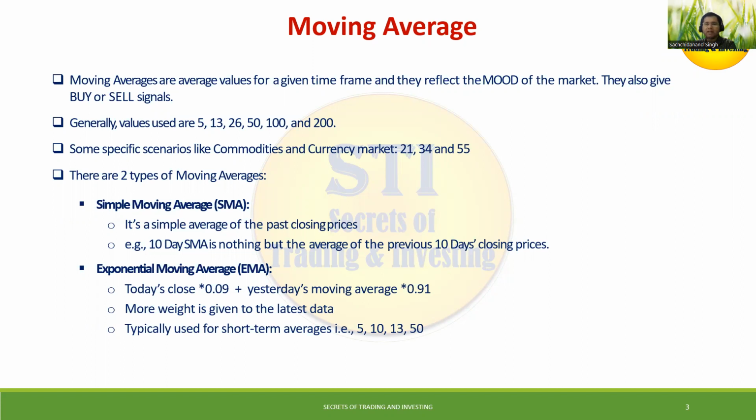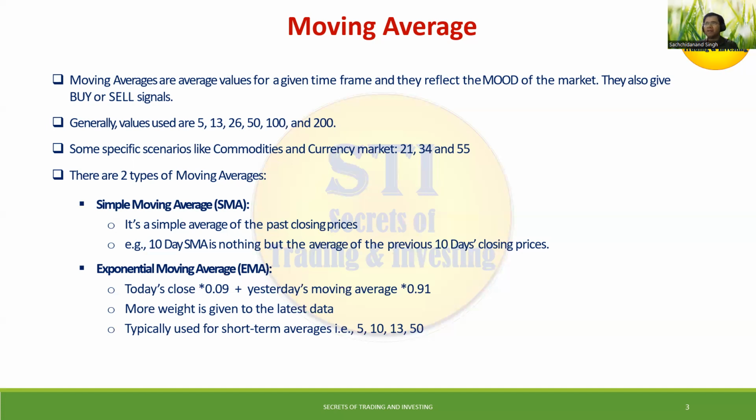When we learn the application of these moving average concepts, we will show you which variations to use in which type of script: equity, commodity, futures, options, and so on and so forth. Primarily there are two types of moving averages.